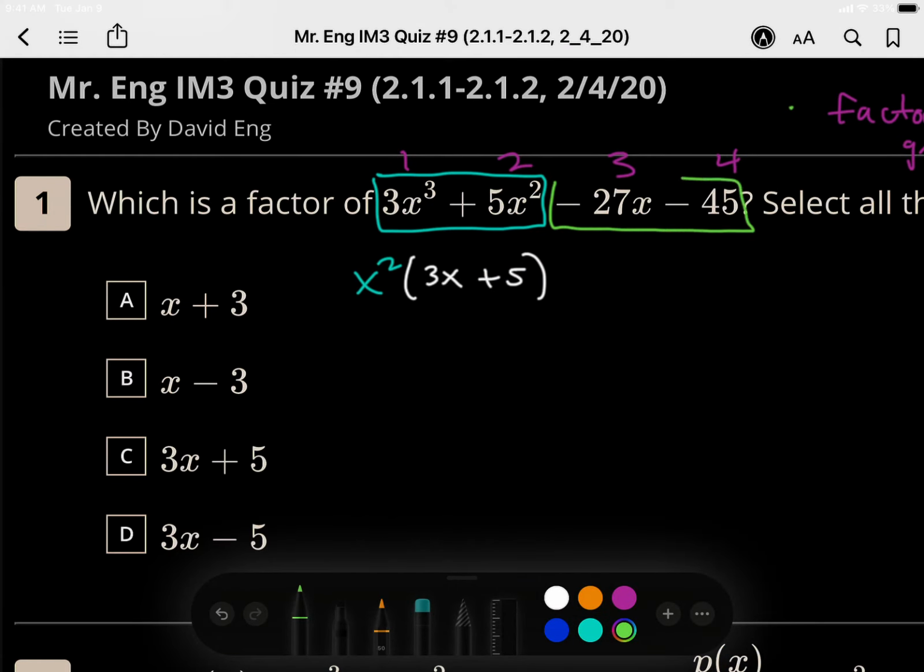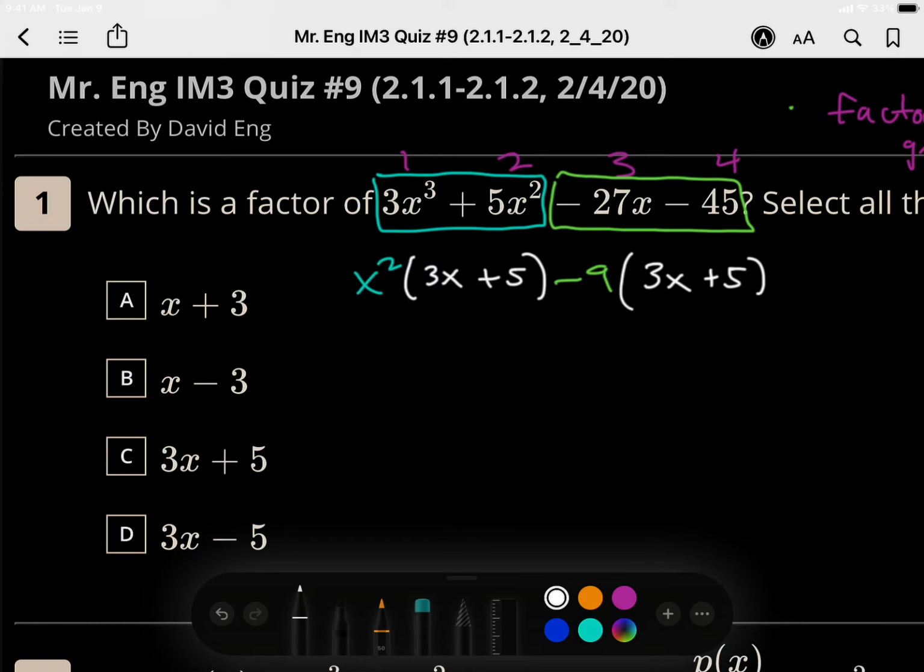Here in green, if you take the GCF, you can do a minus 9. Negative 9 times 3x gives me negative 27x, and negative 9 times 5 is negative 45.